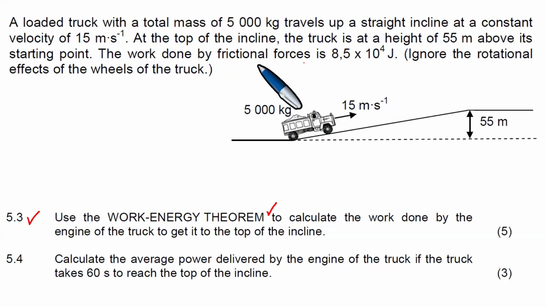The work done by frictional forces is 8.5 times 10 to the fourth power. So there's work done by frictional forces, because in other words, there's friction when this truck is going up. But you need to ignore the rotational effect of the wheels of the truck. But we know very well that the work done by frictional force is 8.5 times 10 to the fourth power joules.